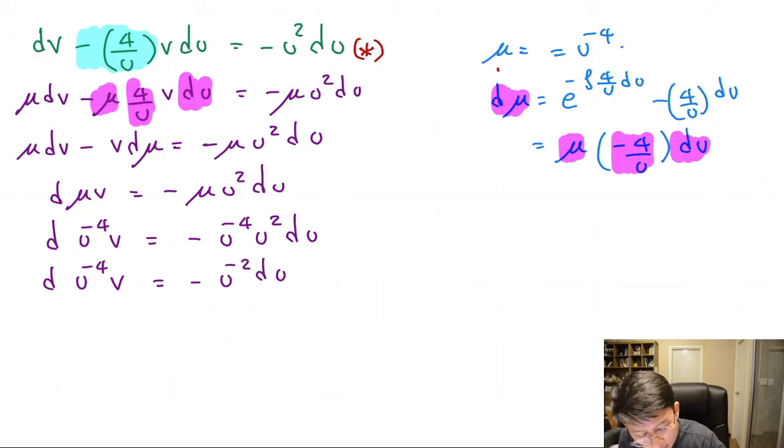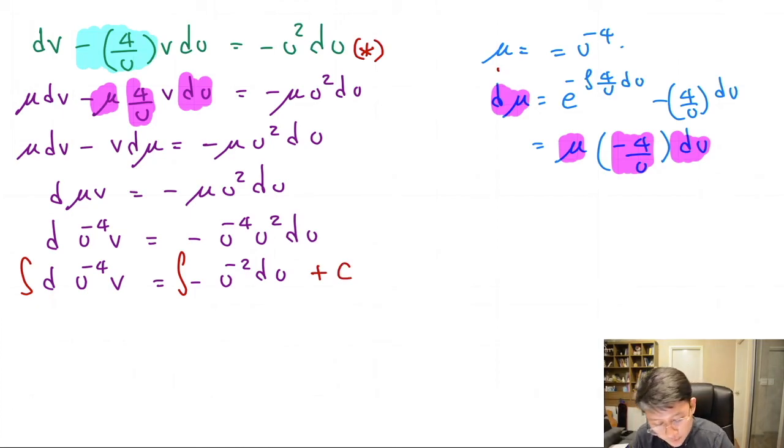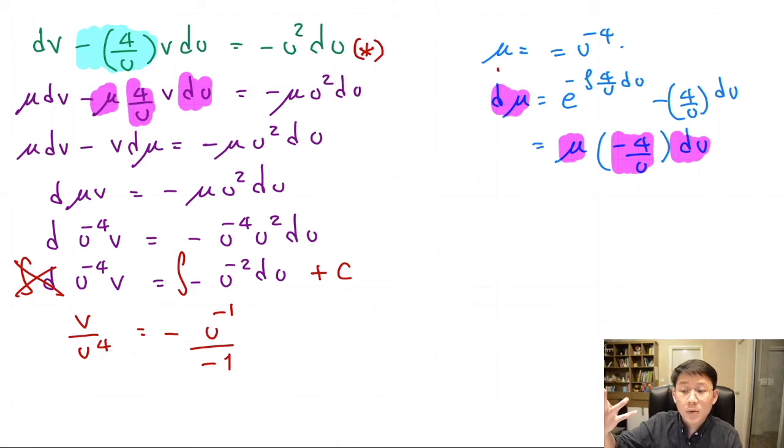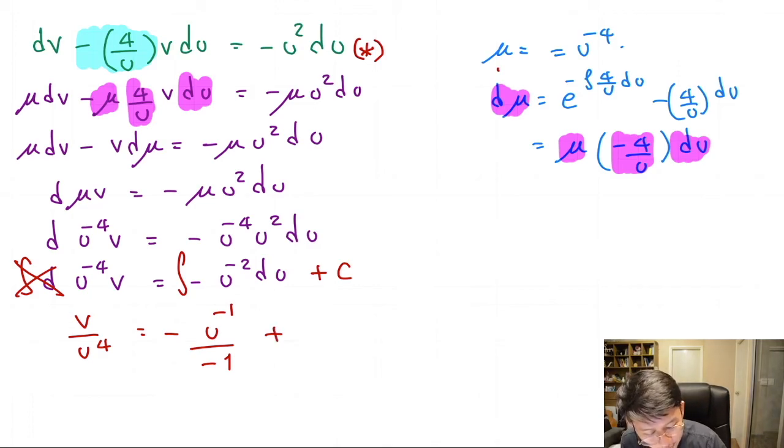And then we integrate. Okay, so this cancels out. So we have v divided by u to the 4 equals, so how to integrate this function? It will be minus of u to the minus 1 divided by minus 1, right? You add 1 to the exponent and then you divide by the new exponent. So this is a simple integration. So here, plus c, we have v divided by u to the 4 equals 1 over u plus c.